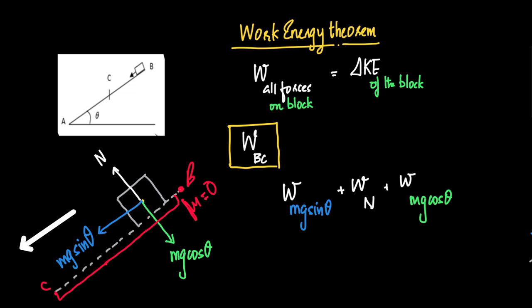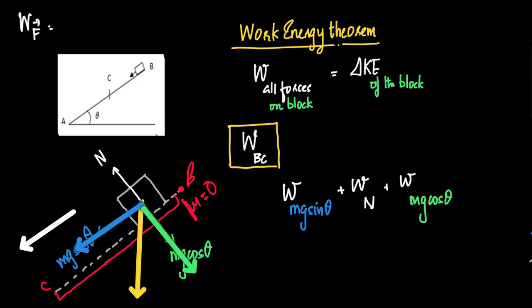Now how did we arrive at this? Because we know that the weight acting downwards can be resolved into two components, a component along the incline like this and a component perpendicular like this, right? Now what is the work done by a force vector F?